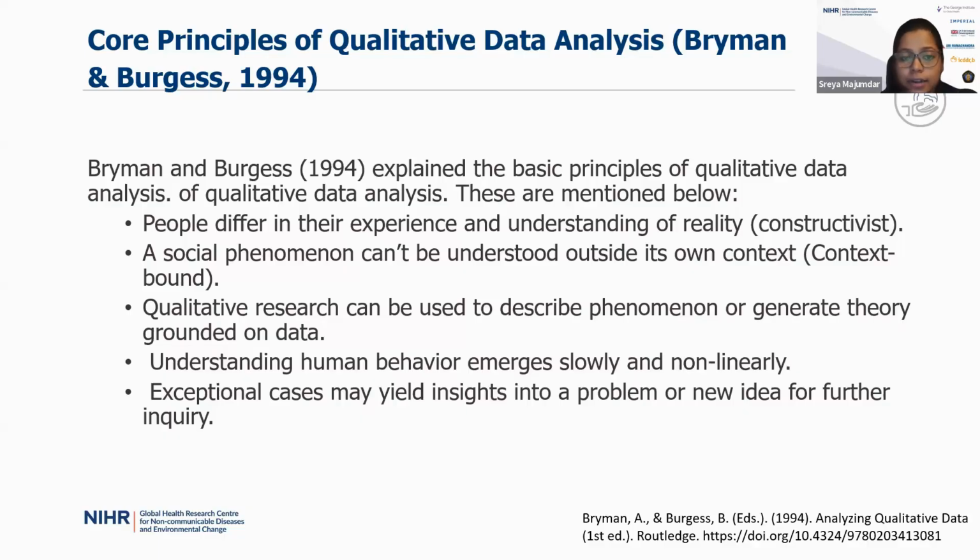First is describe what is happening, what is occurring in that phenomenon or the particular thing that you're looking at. The second thing that it can do is build theory from the data that you have gathered and you are analyzing. So you identify patterns, mechanisms, rather than imposing other pre-existing theories.